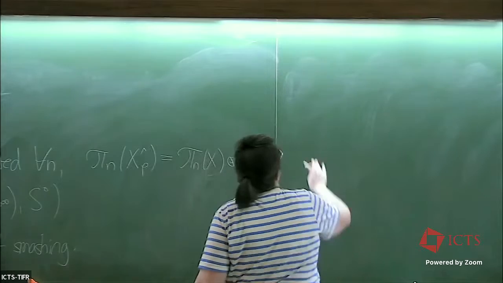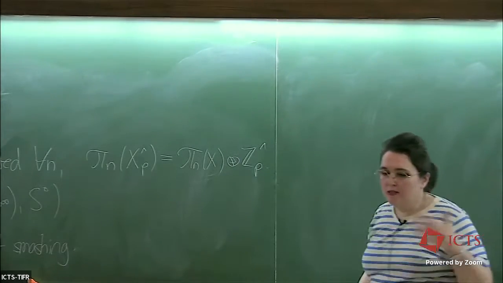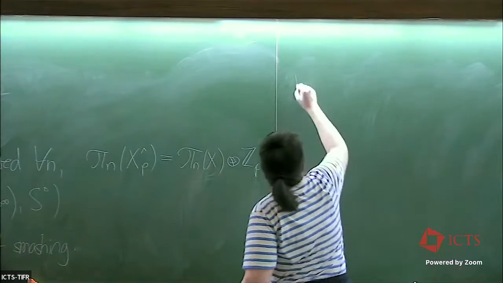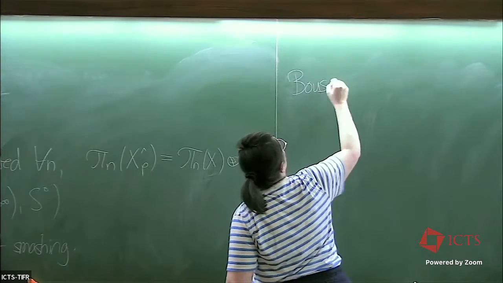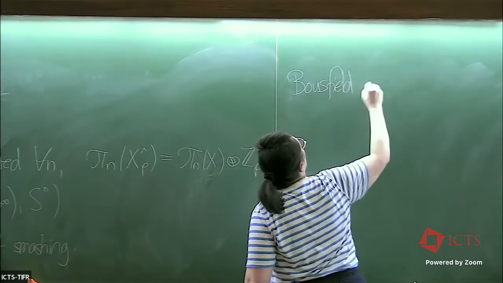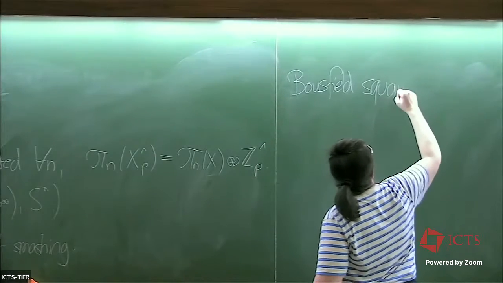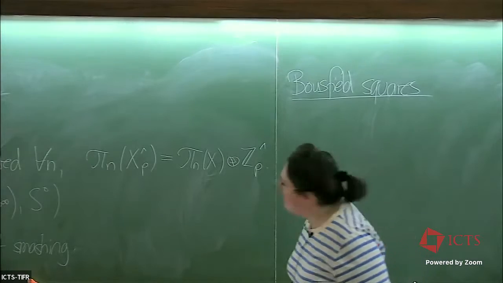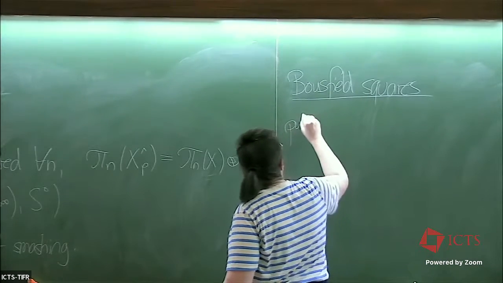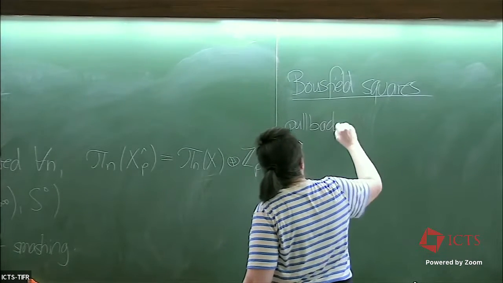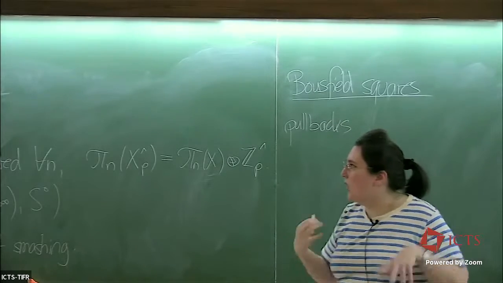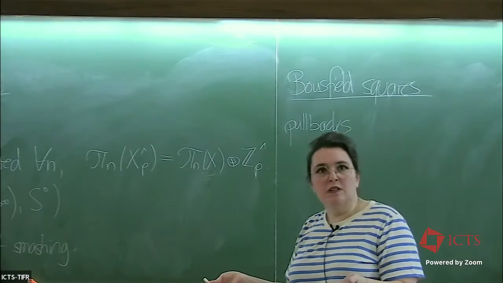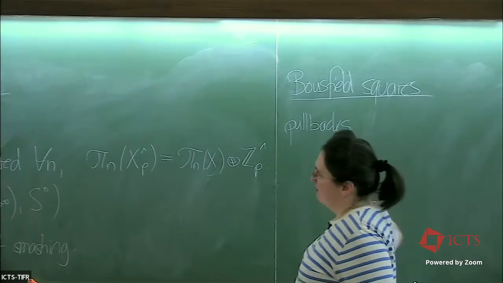So there are various so-called arithmetic squares in homotopy theory, often known as Bousfield squares. So you have certain pullback squares which tell you how you can reassemble all the information of a spectrum from these things.